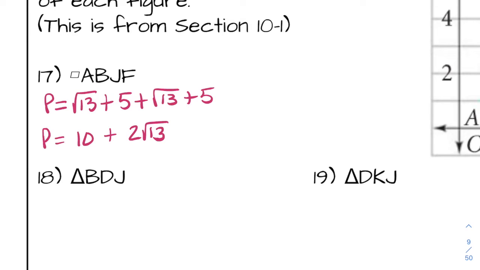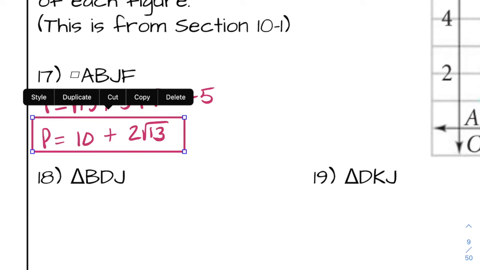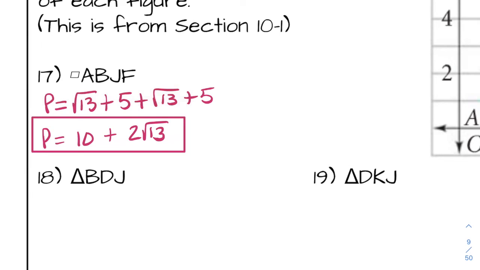Be careful, 5 plus 5 is 10. Square root of 13 plus the square root of 13 is not the square root of 26. They are items that you're adding together. There are two of them, okay? They are 2 times the square root of 13, like 2 times 5 is 10.